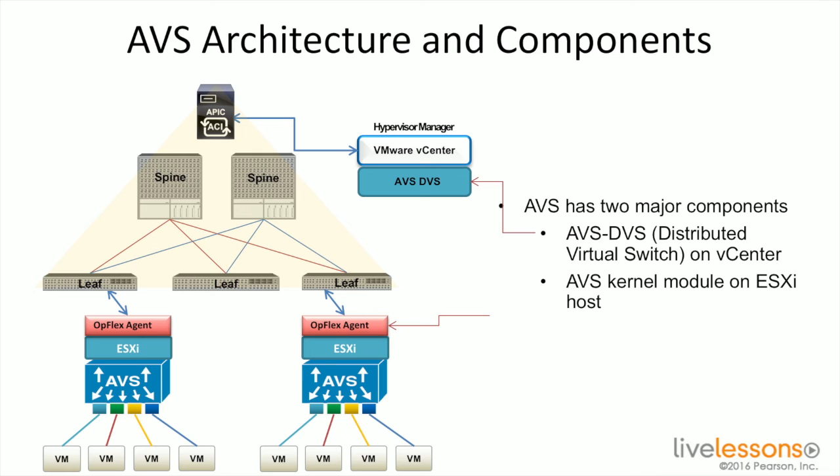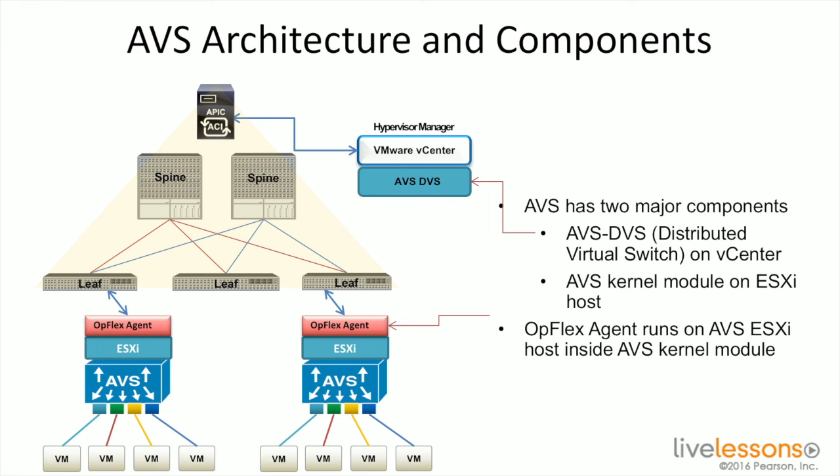It's fairly straightforward getting it loaded. You have an agent called an OpFlex agent that runs on the AVS switching module on the hypervisor, and this allows for communication to the ACI fabric. So you'll notice in the description, we're showing how this allows the AVS to communicate to that leaf in the ACI environment.